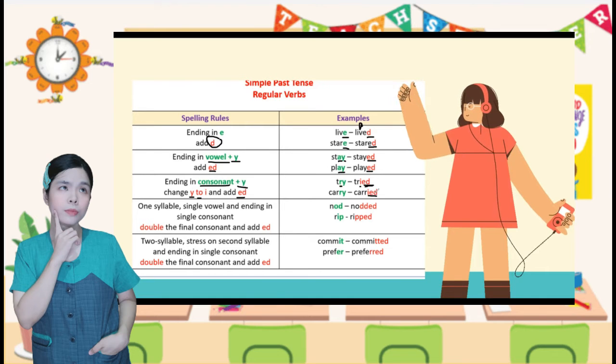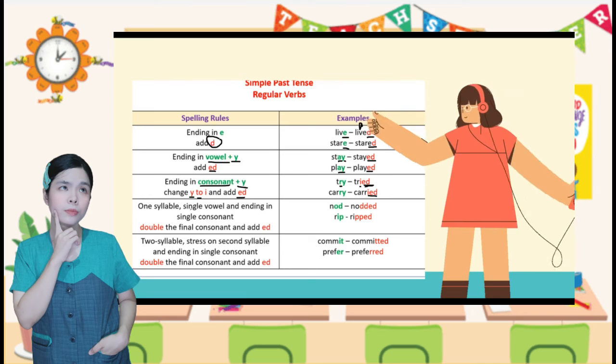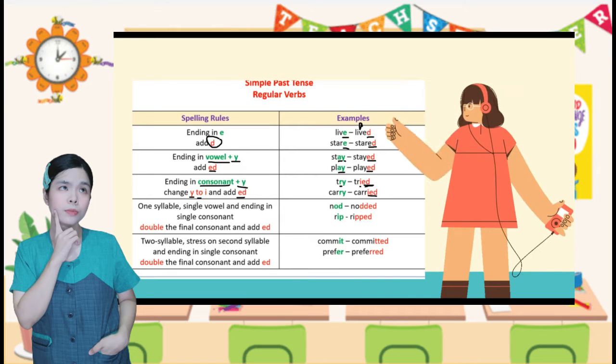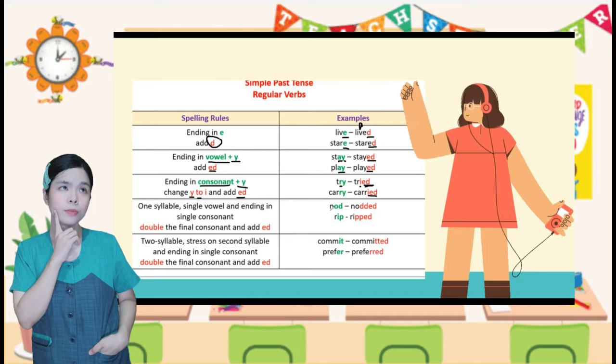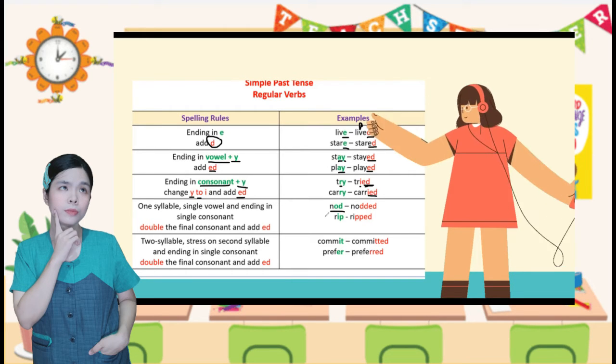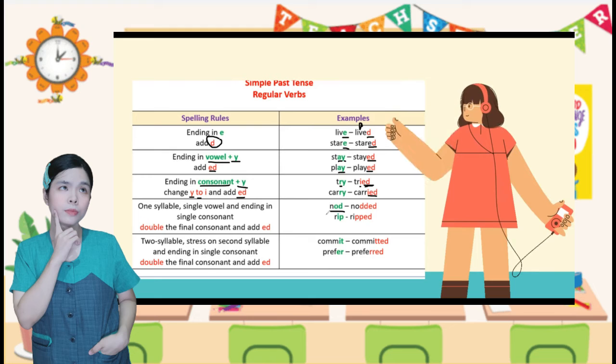Next one: one syllable, single vowel, and ending in a single consonant. So what shall we do? For example, one syllable as in nod.